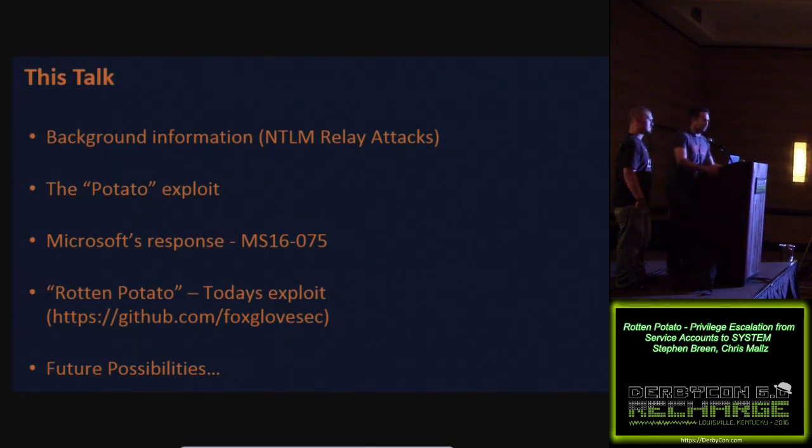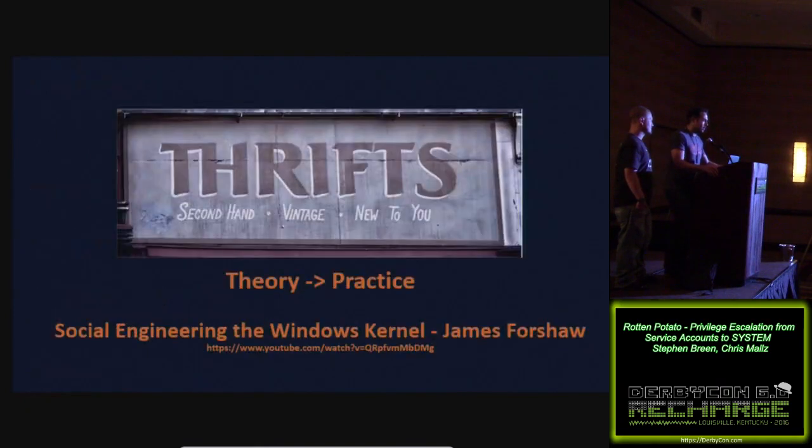Before we get started, these exploits are not new. They're kind of new to you and new to us as pen testers. James Forshaw did a Black Hat talk, I think it was last year, maybe even the year before, called Social Engineering the Windows Kernel. He talked about everything we're going to talk about today, and no one wrote a useful POC for pen testers to use, so none of us really knew about it.